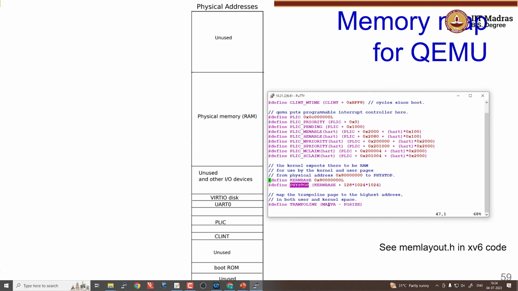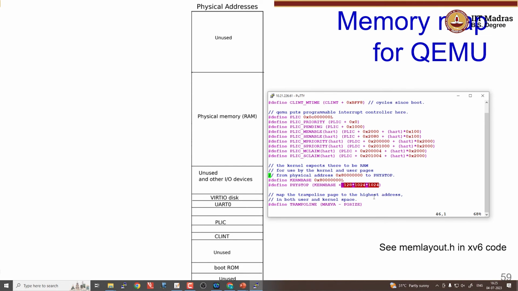This is called the phi stop or the physical stop, which is kept at 128 megabytes. So we are assuming here in our system that we have 128 megabytes of RAM present, and we are going to use this RAM to store the kernel source code and data, but also for other things like running user programs, creating page tables, and so on.